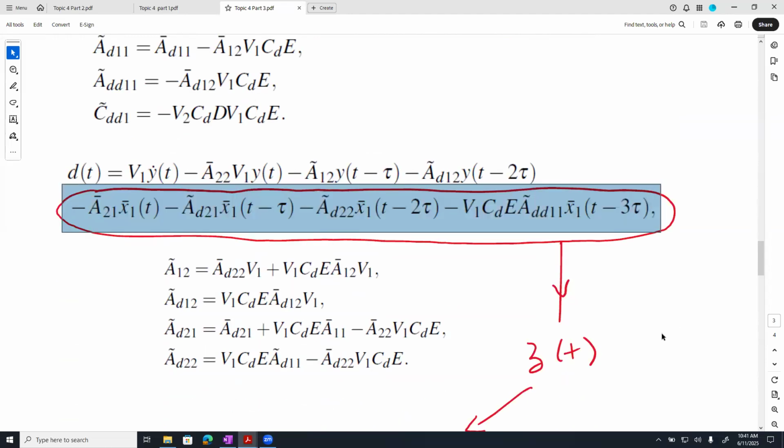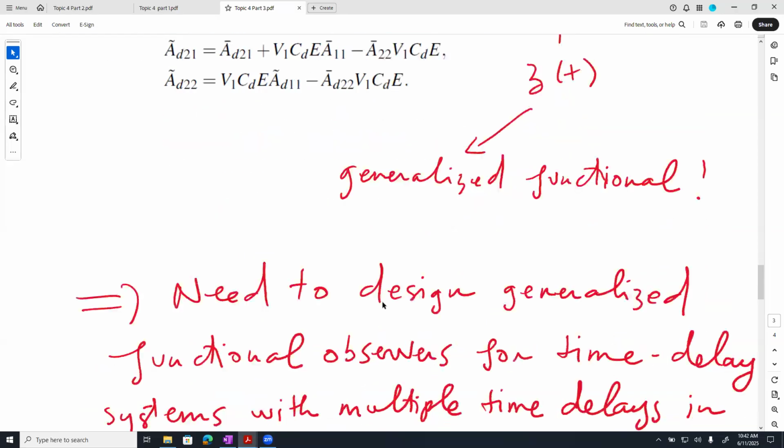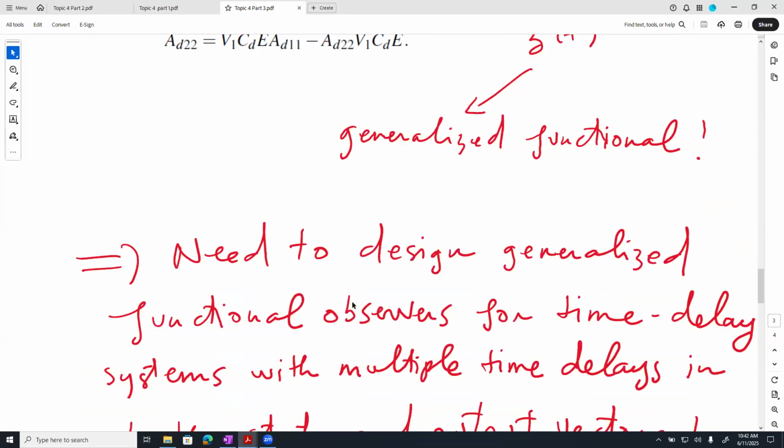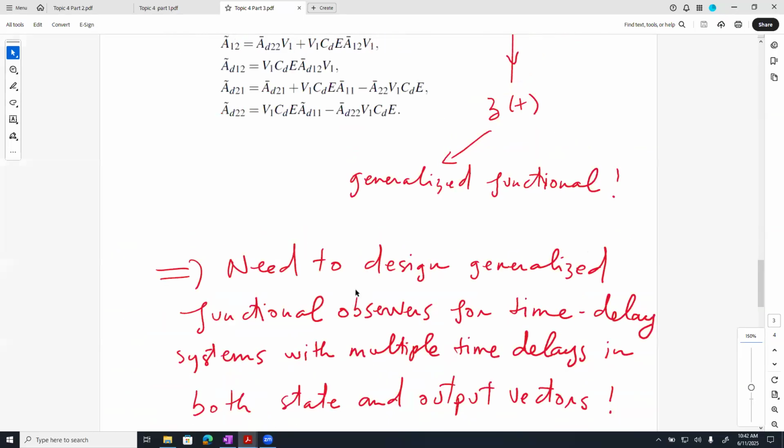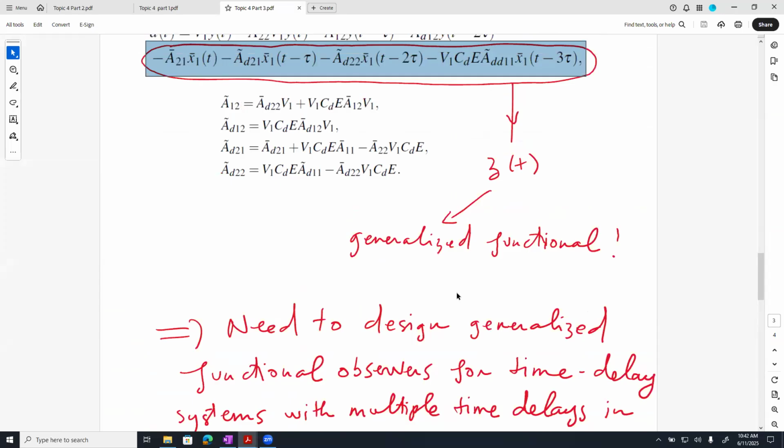And so it shows very clearly that when we are dealing with unknown input estimation for a more complex class of time delay systems, inevitably we need to design generalized functional observers for time delay systems with multiple time delays. And that is the novelty of our result in this book.